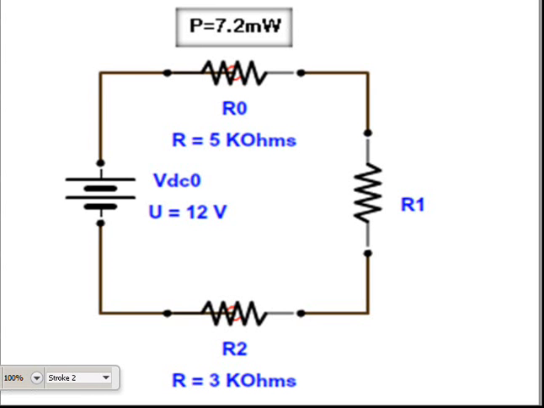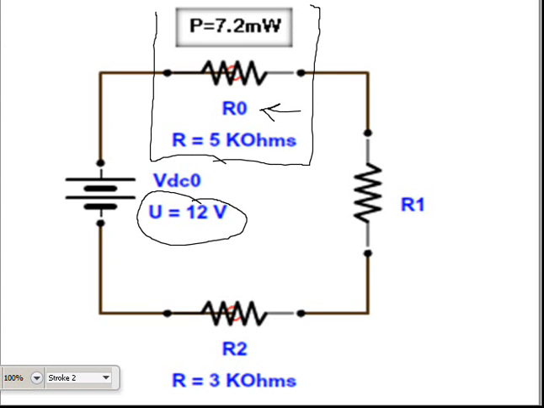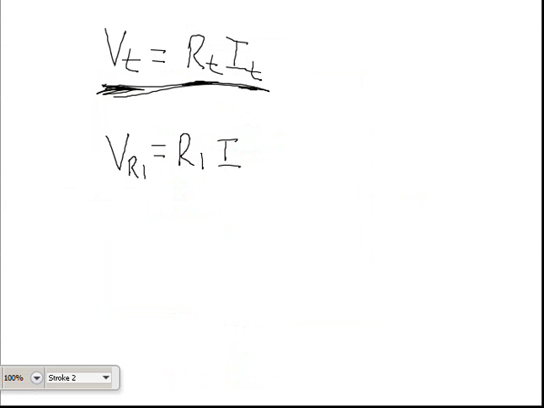So there is a difference between the total current and total voltage for the whole circuit, and the voltage for an isolated component. So your totals versus your individual components. And this is where people usually make their biggest mistake, because they try to apply total voltage to a single component, and you can't do that. Total voltage is for the entire circuit versus the voltage drop for a given resistor.